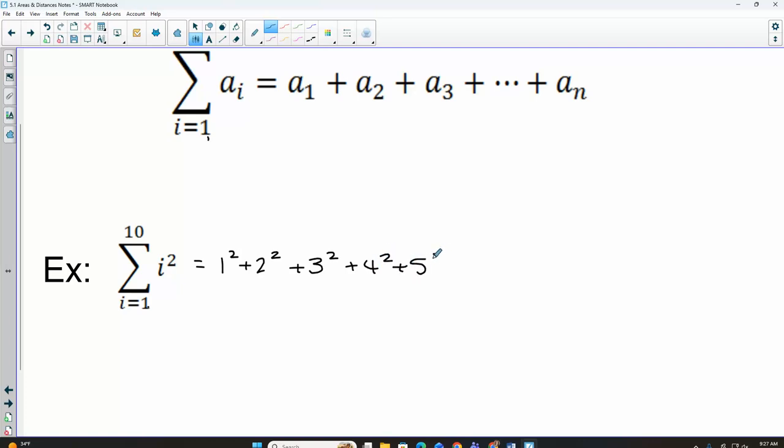When do I stop? Right, so this is a shorthand rather than writing out every little piece. If I added up all the squares, it actually turns out to be 385.